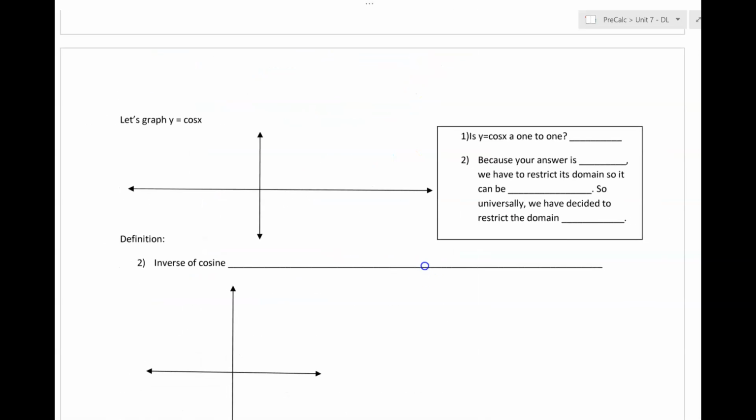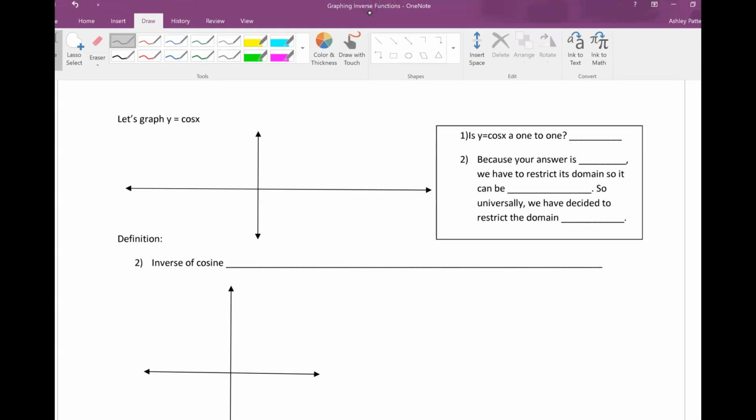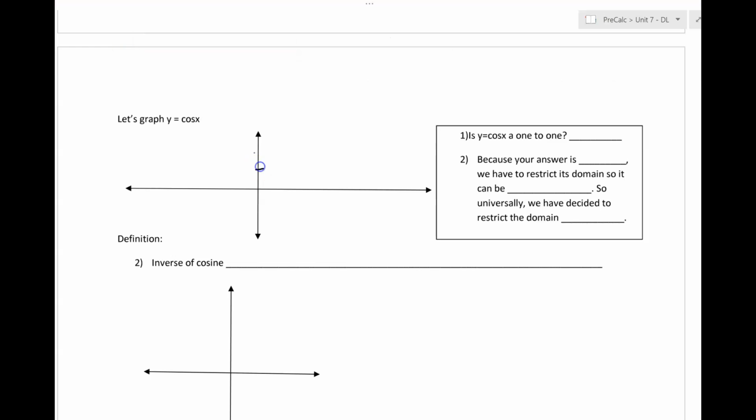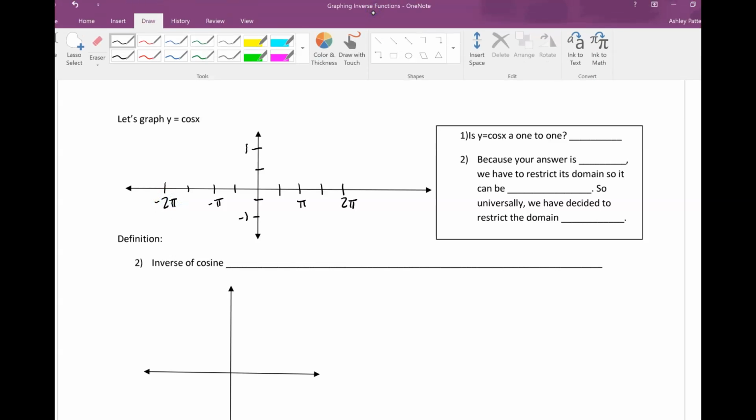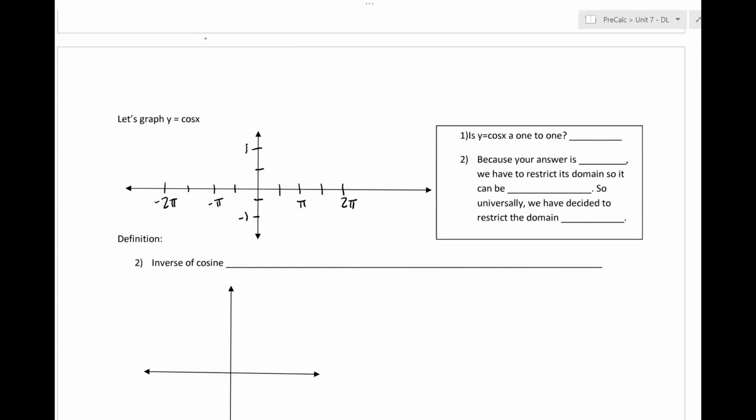Okay, but we've got cosine and tangent to cover also, so let's do it. Cosine oscillates between 1 and -1 also, and we went out 4 tick marks, so I'll do pi and 2 pi and get the negative version also, so negative pi and negative 2 pi. Again, if you need your unit circle out, get it out.